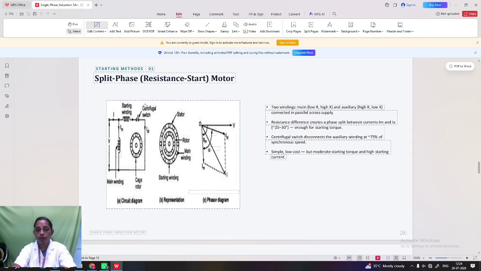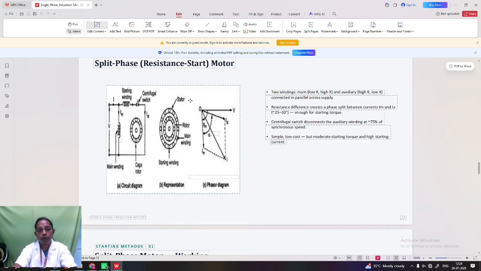The major advantage is that it is a very simple and low cost induction motor, but with moderate starting torque and high starting current. This type of motor is normally preferred for fans, blowers, compressors, etc.